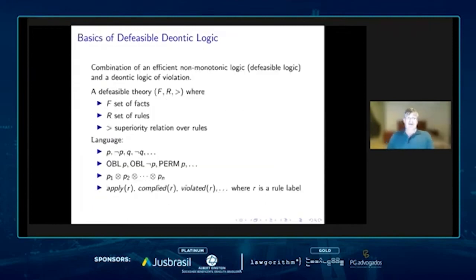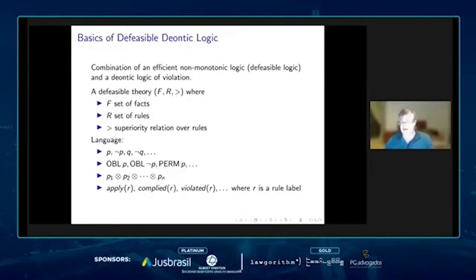Defeasible deontic logic is a combination of defeasible logic, an efficient non-monotonic logic for the representation of exceptions, plus a deontic logic of violation for the representation of the deontic concepts of obligation, prohibition, and in particular violation. A defeasible theory is the way we structure our knowledge, and it corresponds to a set of facts, which correspond to the facts of a particular case, a set of rules, which correspond to the encoding of a piece of legislation, and finally a superiority relation.